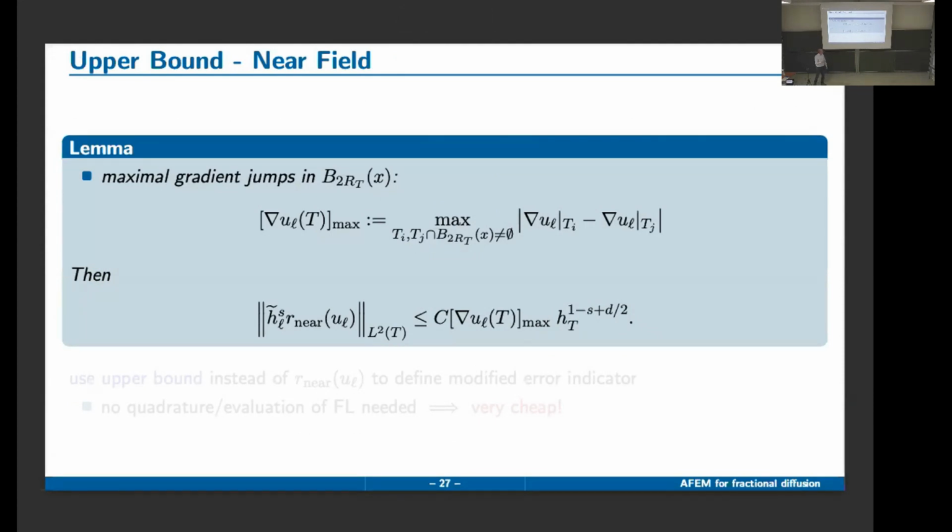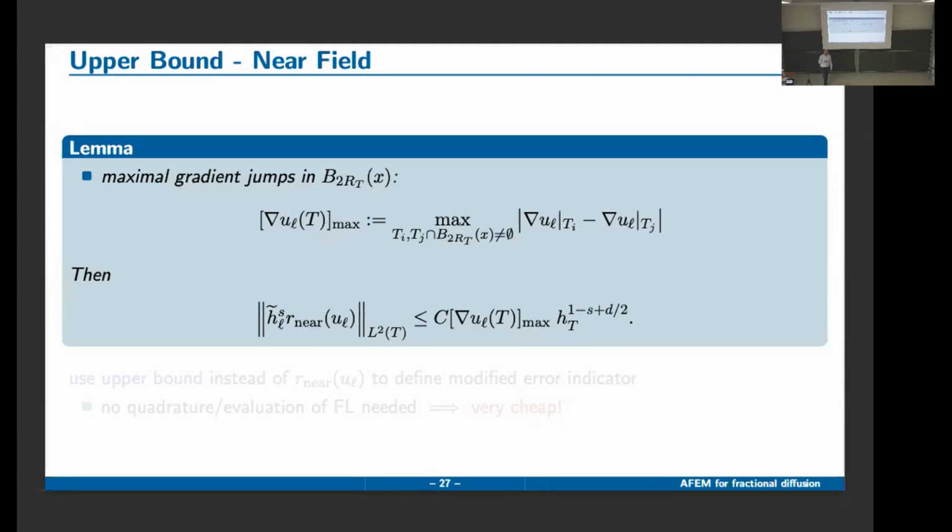If you define the maximal gradient jumps on this ball we cut out, so the gradient of a discrete function is a constant, inside this ball we have a lot of different constants. And if you define the maximal jump of all these constants, this is the maximum gradient jump, inside this ball we can actually directly bound the L2 norm of the near field on one element by this maximal gradient jump and the correct power of h.